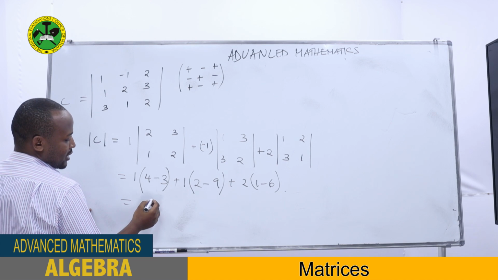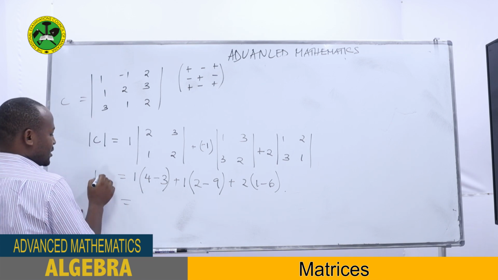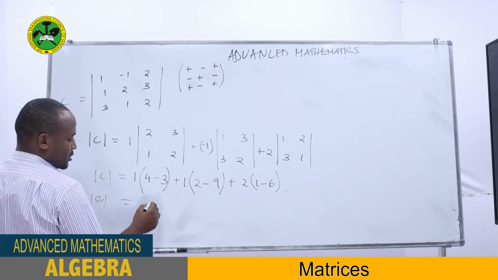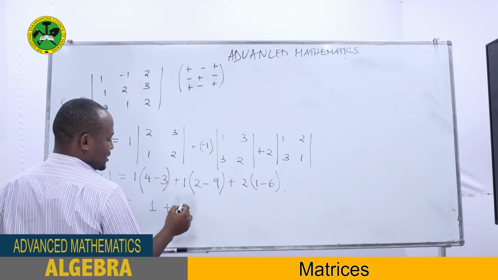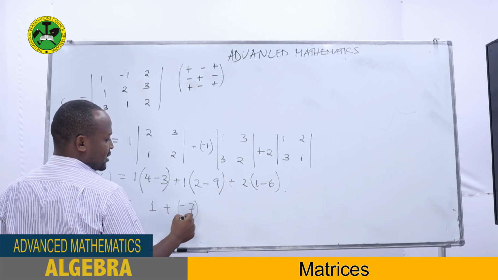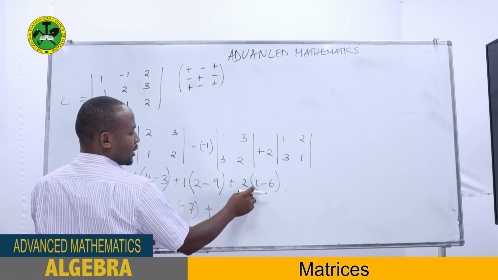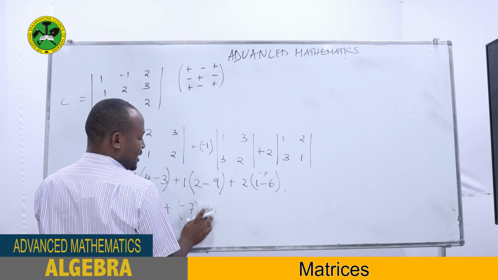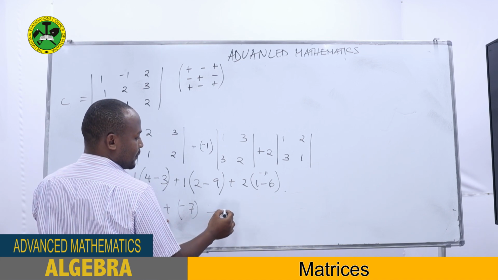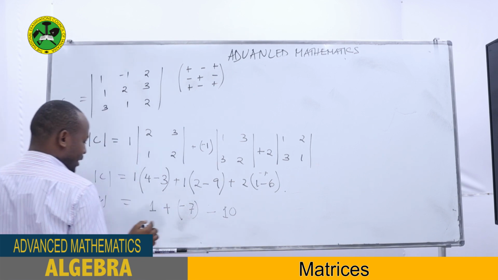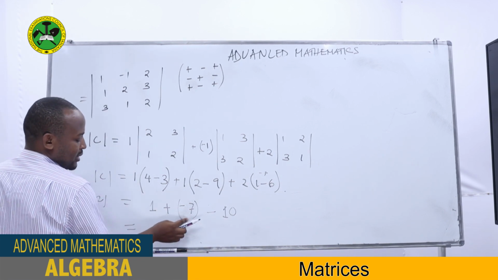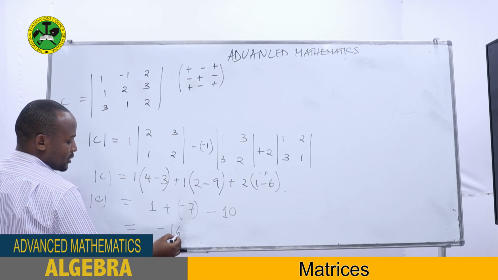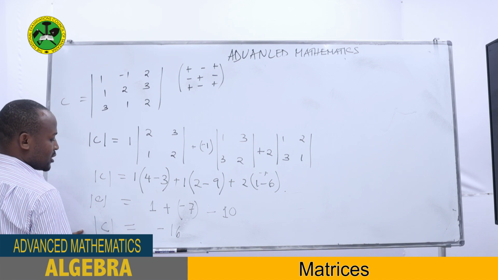Let's finalize: the determinant of matrix C will be 4 minus 1 plus negative 7, plus negative 5 times 2, which is negative 10, then plus negative 6, which equals negative 16. That will be the determinant of the matrix C.